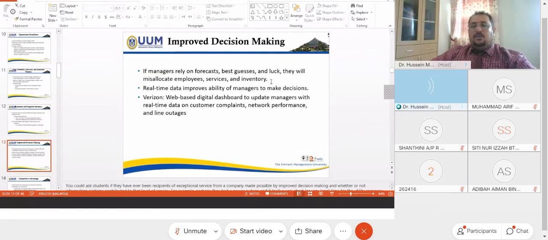This means you don't have the correct decision because you don't have real information. You just base it on your experience and trying to do based on what they think is right.